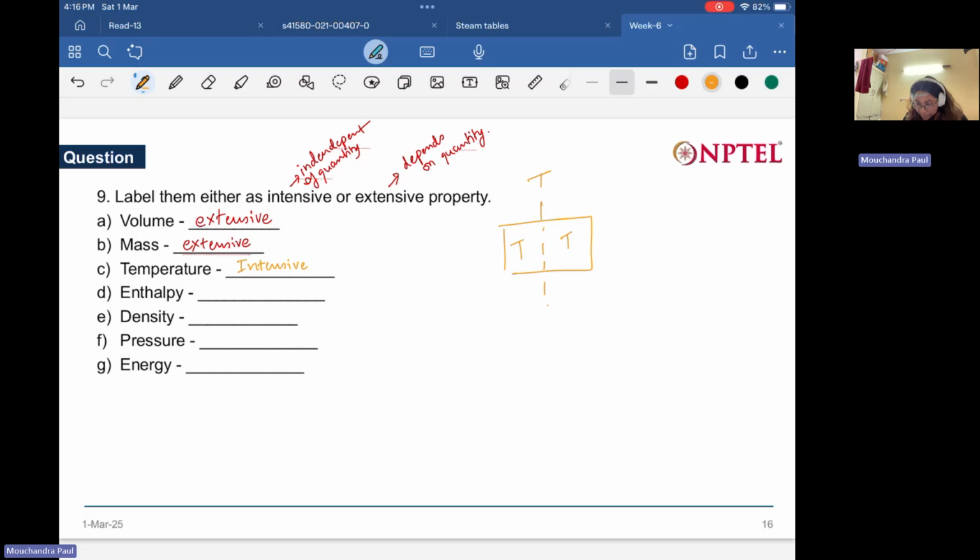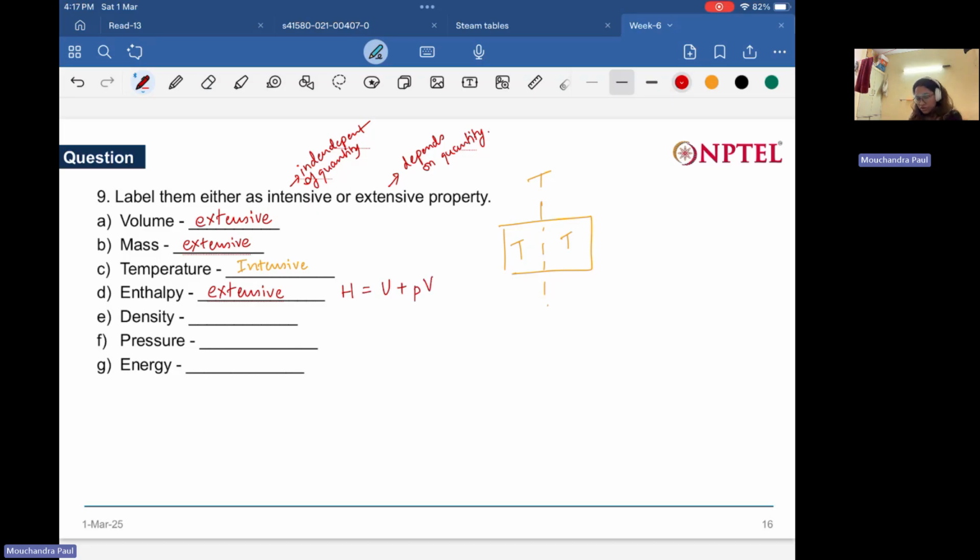Similarly, enthalpy, represented with H, is an extensive property. The definition of enthalpy is a combination of two terms, U, internal energy, plus P V. This is how you represent enthalpy.